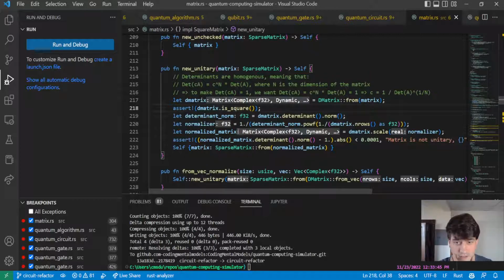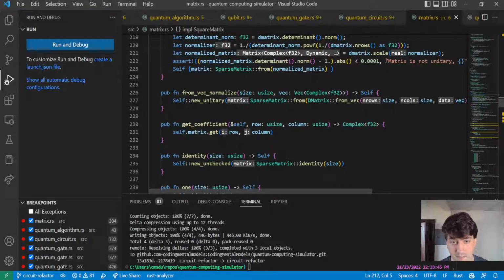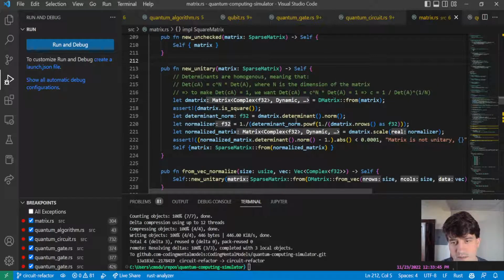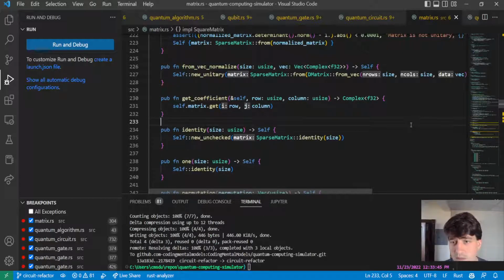Okay, so new unitary, we need this because I don't know how to calculate determinants from a sparse matrix in an efficient way. Again, it might exist, and we already know that this isn't a particularly bottlenecky part of the code because we had to optimize it away previously.